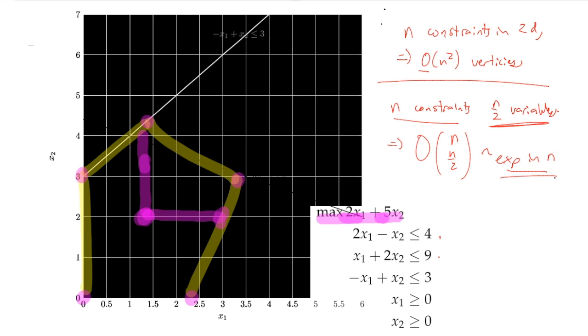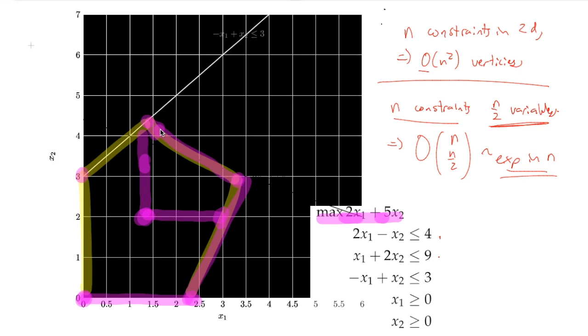So the interesting thing is, as the dimensionality of this problem increases, as you have more variables and more constraints, you can't just inspect all of the vertices and find the one that maximizes your objective function. But you can start at some particular vertex and try to make a path that increases the value of your objective function.